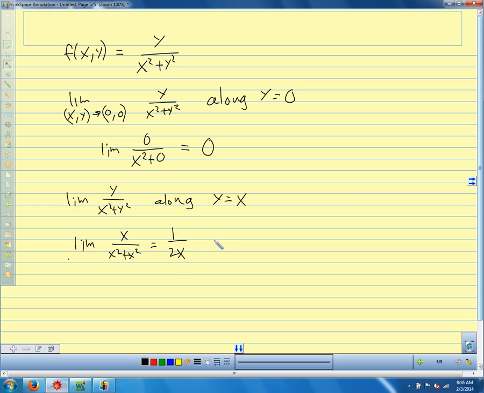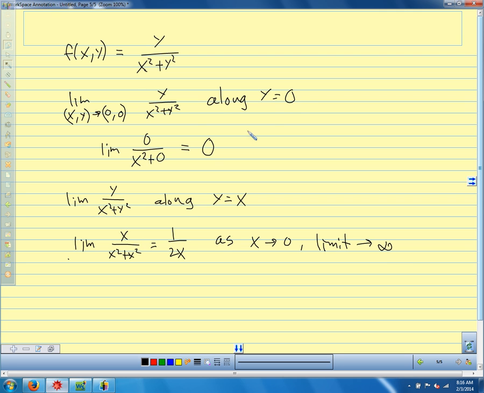And as x approaches 0, our limit approaches infinity. So along two different paths, our limit is different.